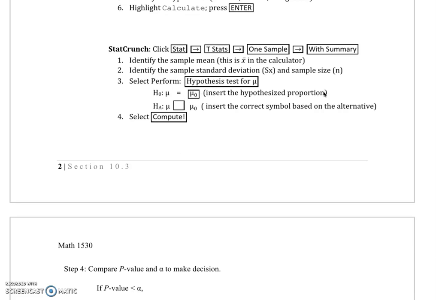Put the hypothesized mean in the box where mu0 is labeled here, and then put the correct symbol between mu and mu0 depending on what type of test you have. And remember, again, it's not equal, less than, or greater than. And then hit compute.